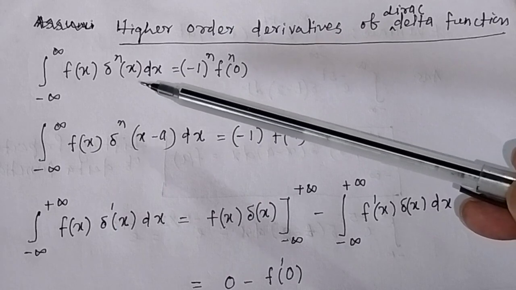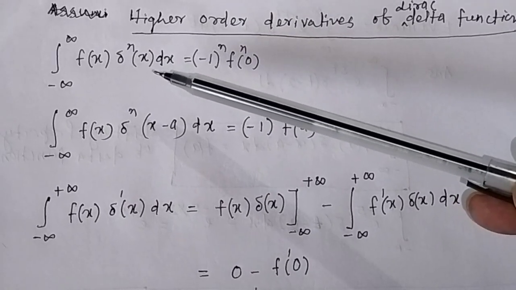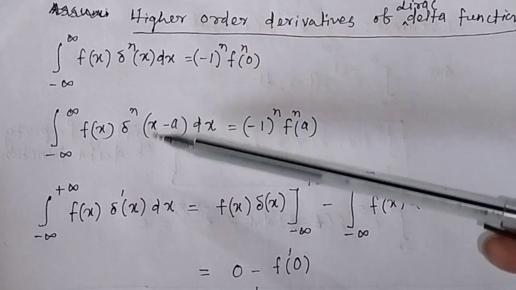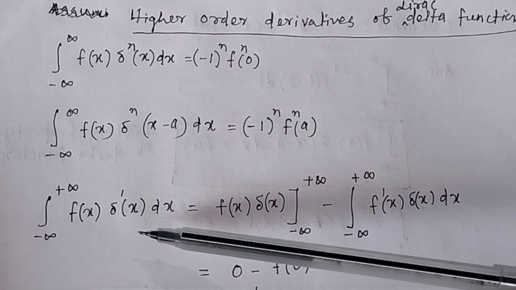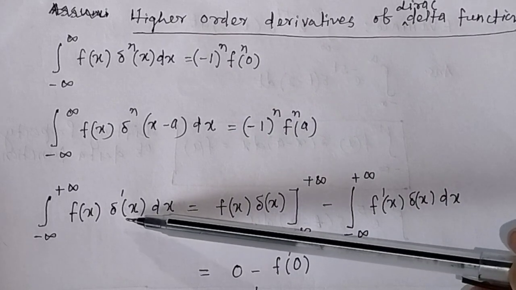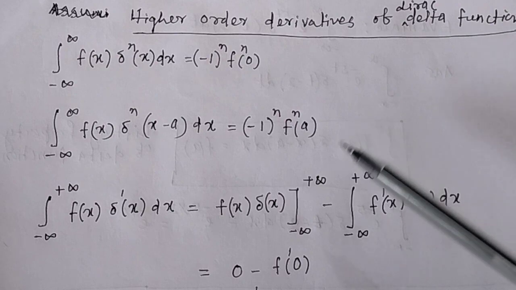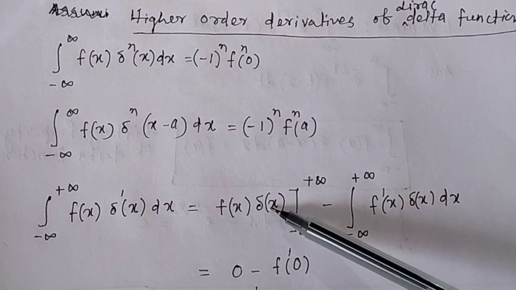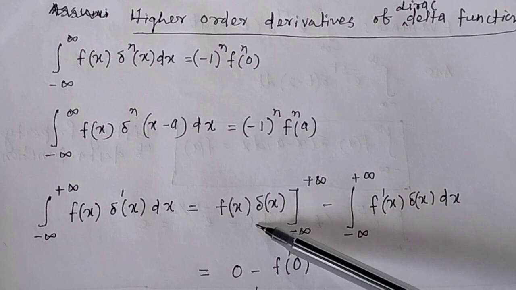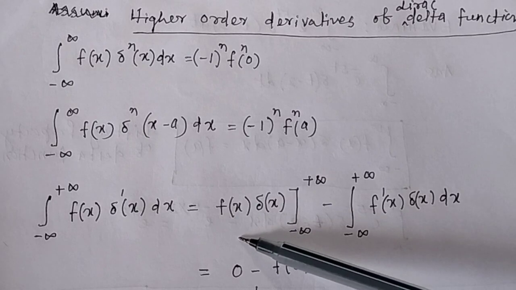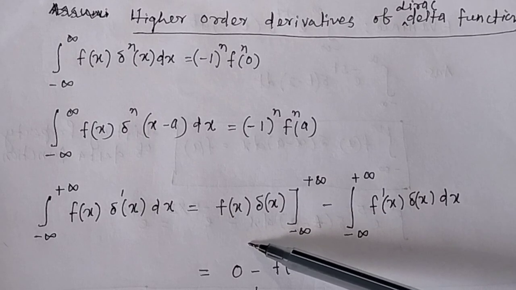If you have the nth derivative at x equal to 0 for the delta function, then you use integration by parts. The common formula is integration of u dv is equal to uv minus integration of v du.